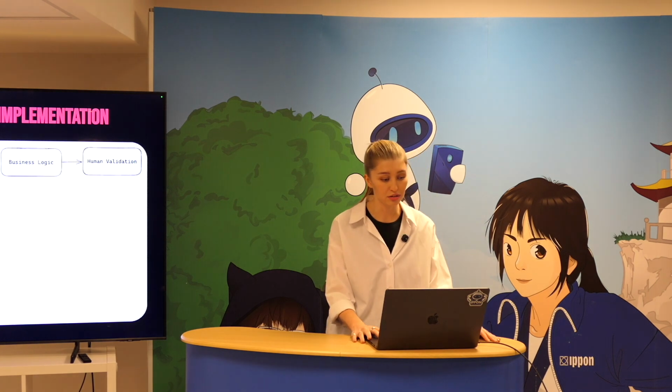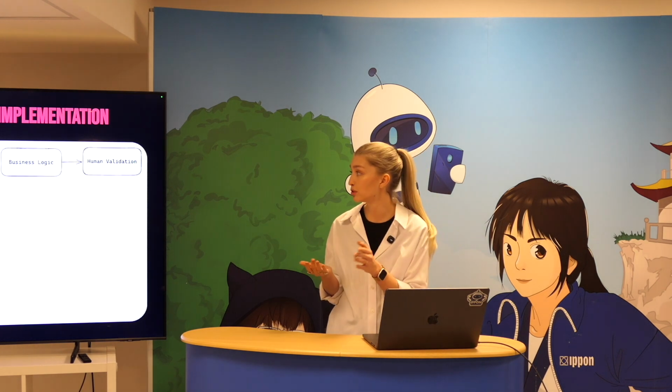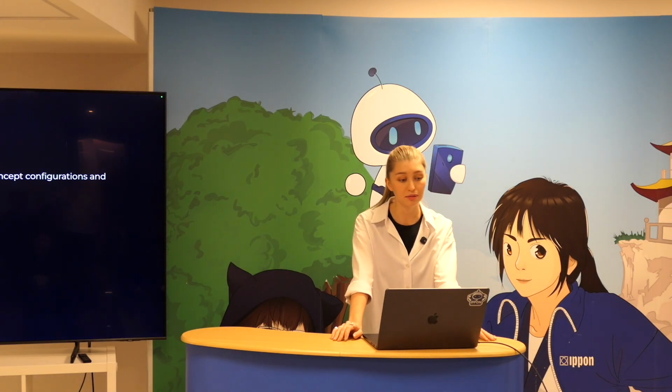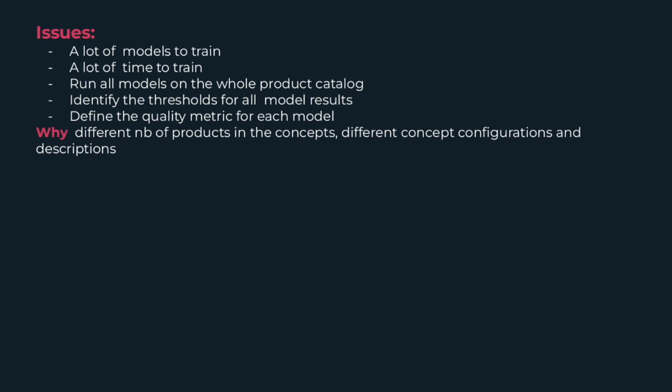And there is an interesting approach here, because our data scientists proposed this implementation with an agile dynamic schema of working on this model, also with LLM validation, of course, at the end. But there are some issues with this model. As you can guess, there are a lot of models to train, one model per concept.